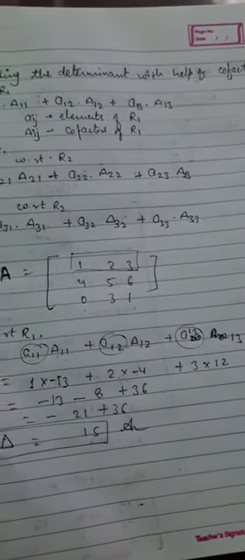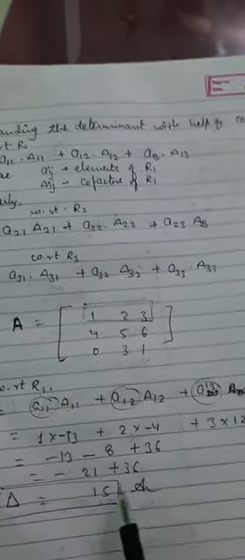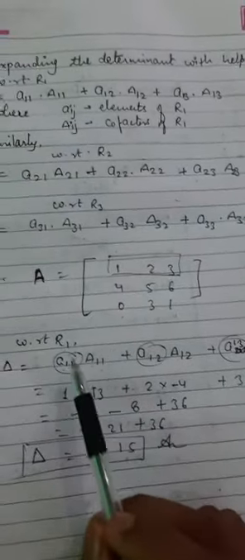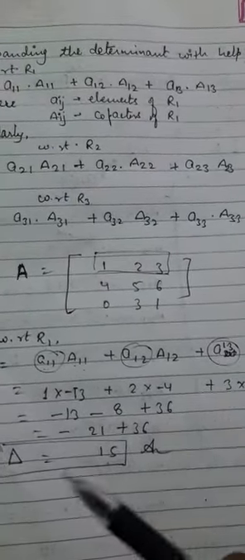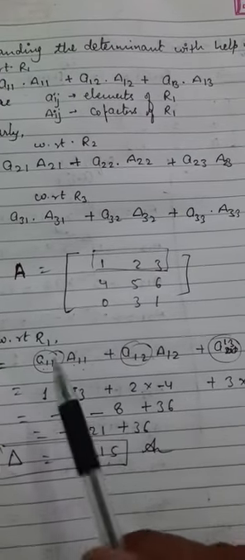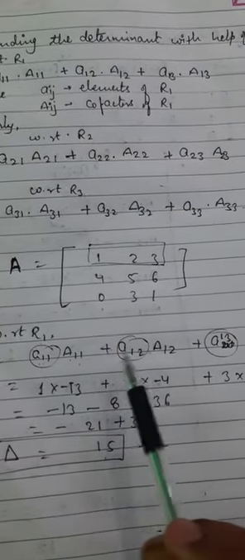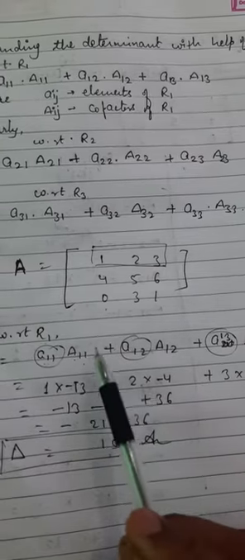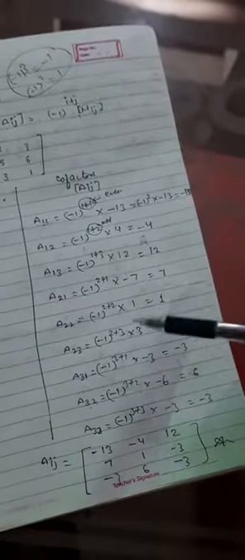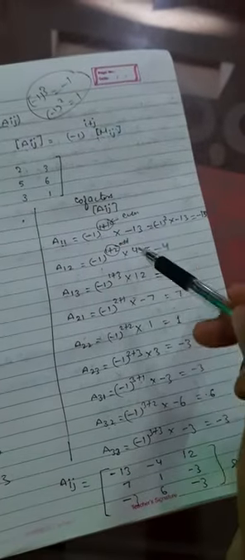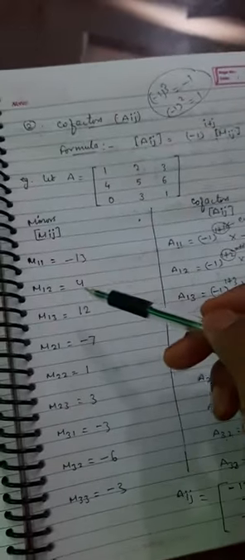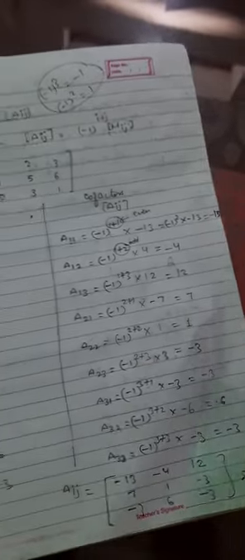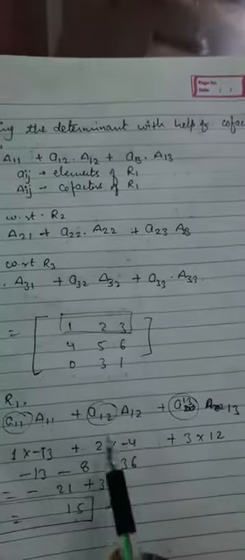If you expand with respect to R2 also, or any other row, the value will come the same. Just keep in mind here everywhere plus will come. Like if we expand with the sign rule, then plus minus plus comes. But why am I taking plus here? Because the sign has already been changed here. With the help of this rule we have already changed the sign to get cofactors, so we will not change the sign again and again.